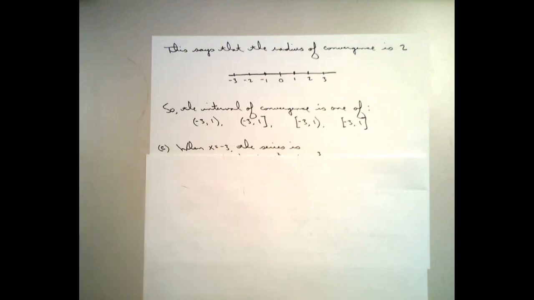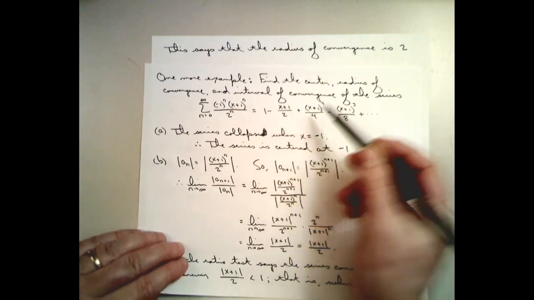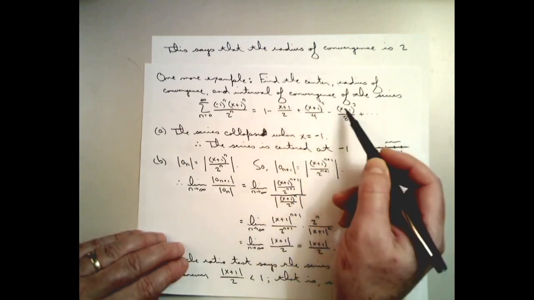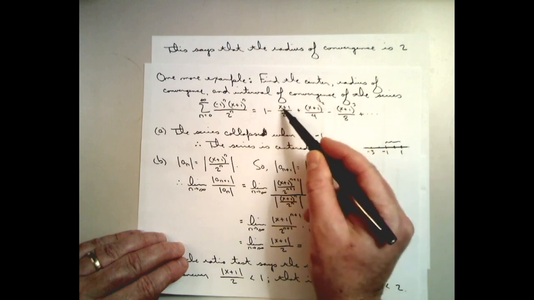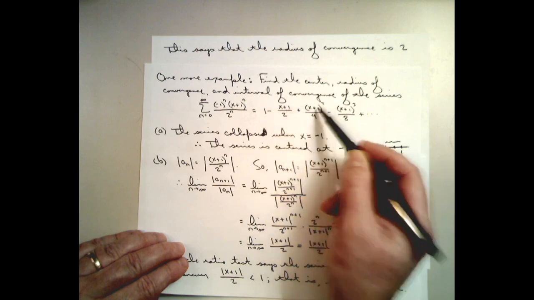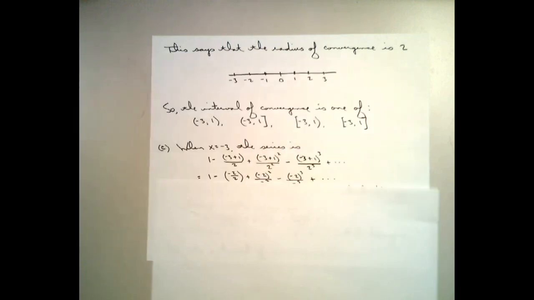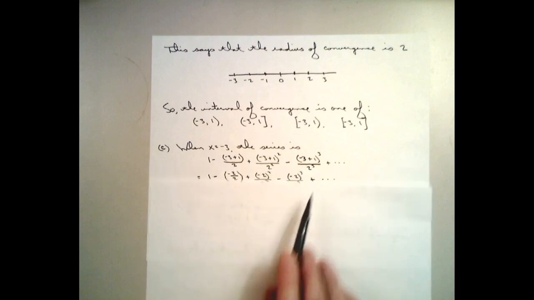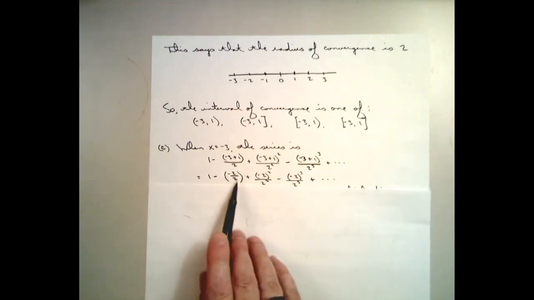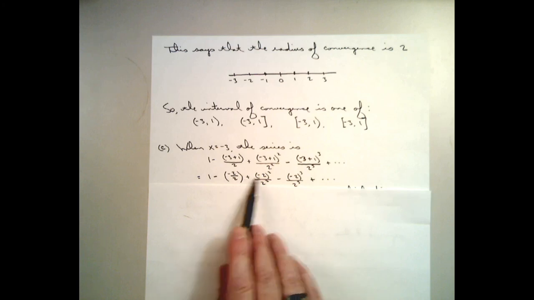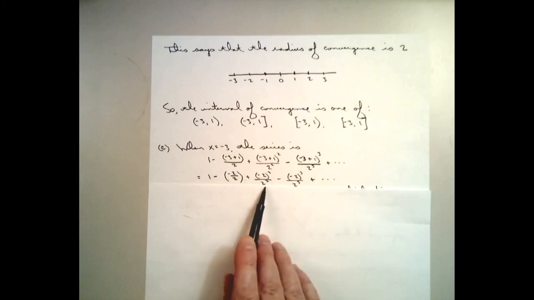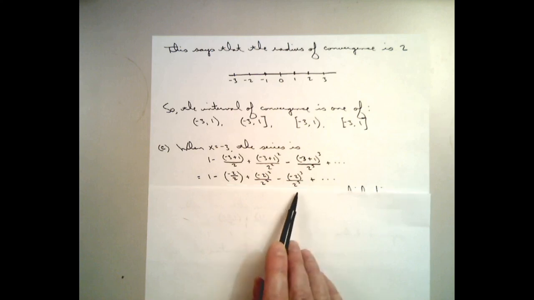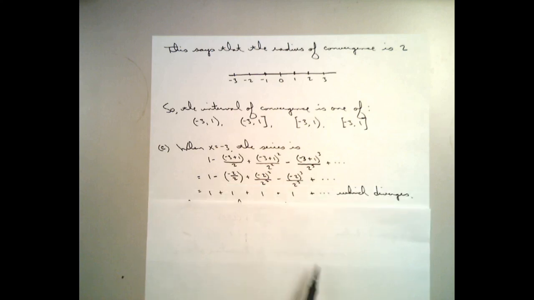Well, why don't you go ahead and check it? Remember what our series is, right? Our series, here it is. And so whenever x is -3, x plus 1 is equal to -2. And so what I'm going to have is that whenever x is -3, my series looks like 1 minus -2 over 2 to the first, plus -2 squared over 2 to the second, minus -2 cubed over 2 to the third, and so on, right?